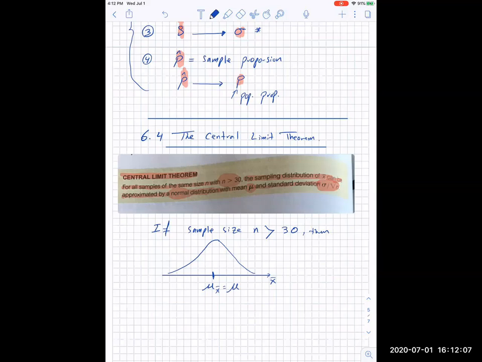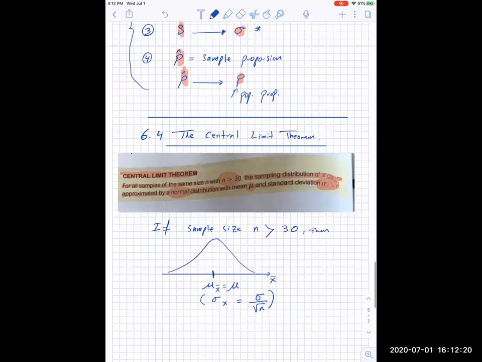Not only that, the spread of the sample means, or the standard deviation of the sample means, is the population standard deviation divided by the square root of n.